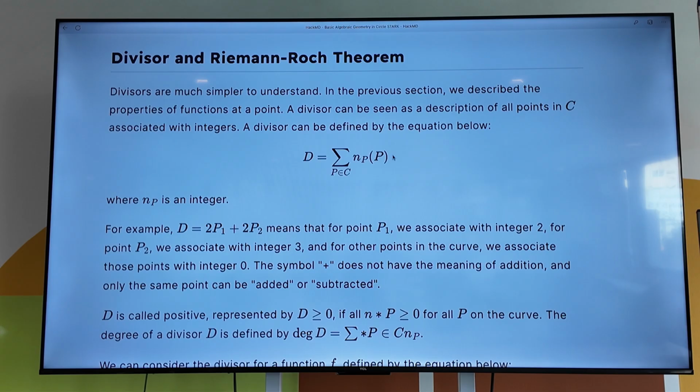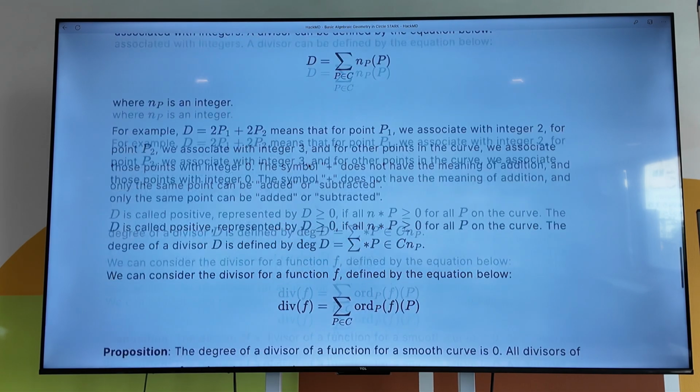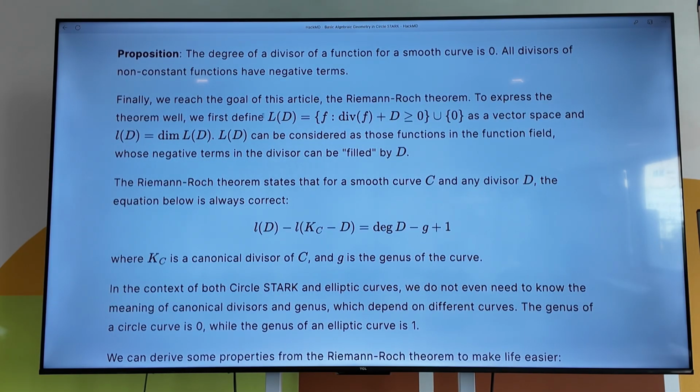By using a divisor, we can exclude some not-good polynomials, and the divisor gives each point some integer associated with the point. We can use the D to divide the function. If some function satisfies the relationship, it can be included in the L(D) space, and this is a vector space.